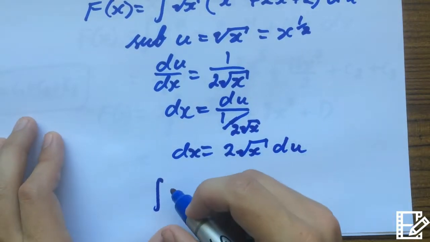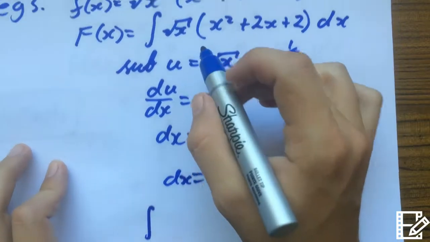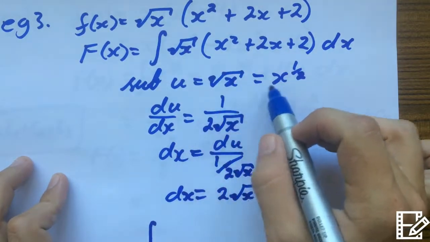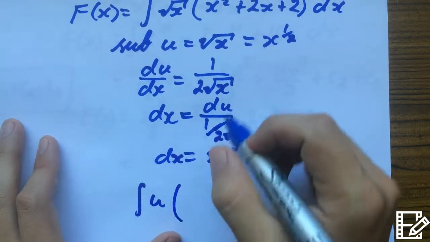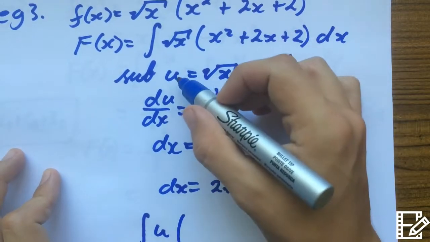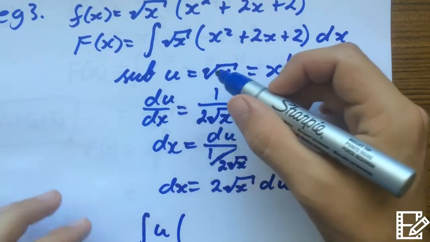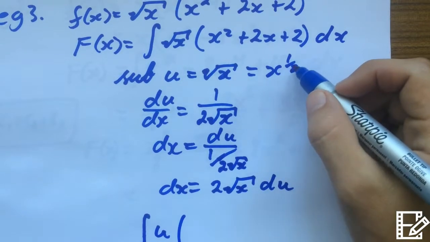So we have x square root of x is now u, and inside x squared, we can write that as u to the power of 4, because it's x to the power of a half.